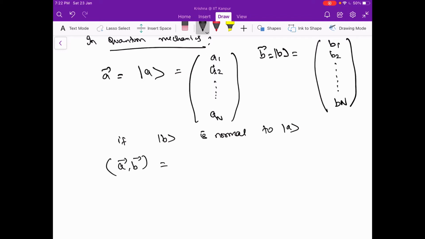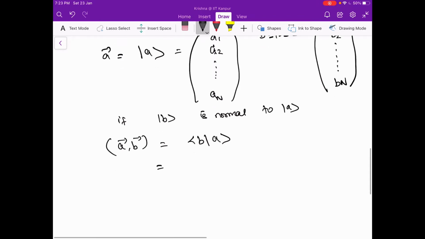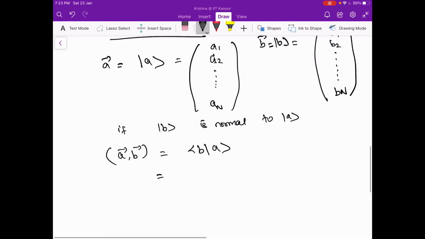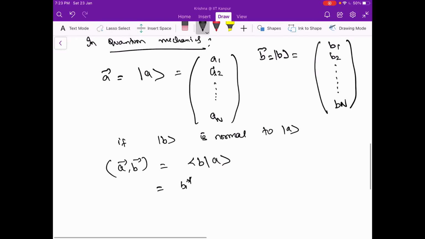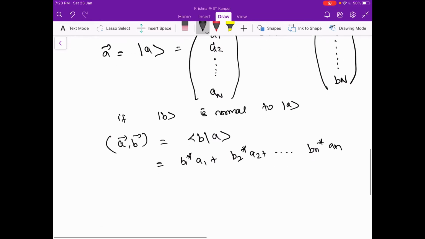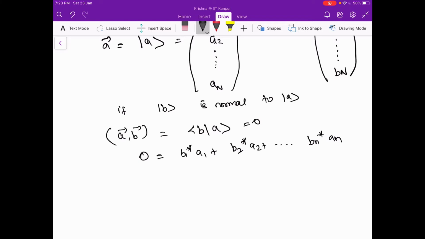It is written in quantum mechanical language as this. You will see the reason why, because the way the inner product was previously defined, it is b1 star a1 plus b2 star a2 plus so on till bn star an, right? And if it is normal, this should be 0. In any conventional case, if a and b are not normal, this inner product is generally a complex number.